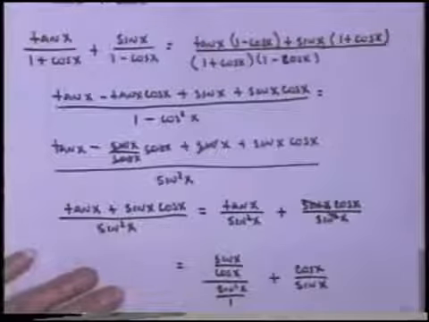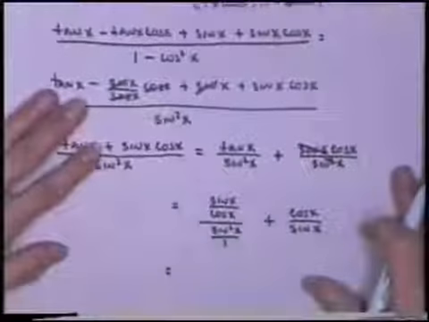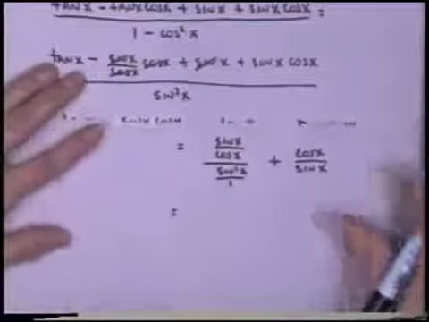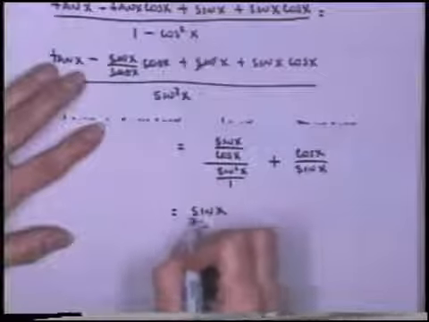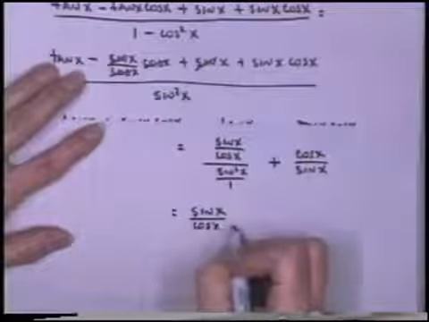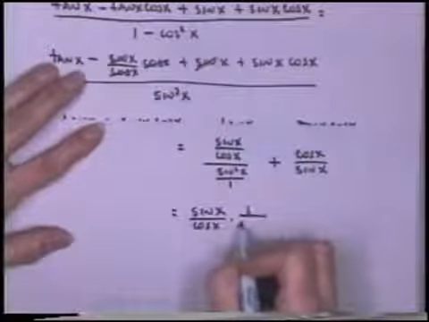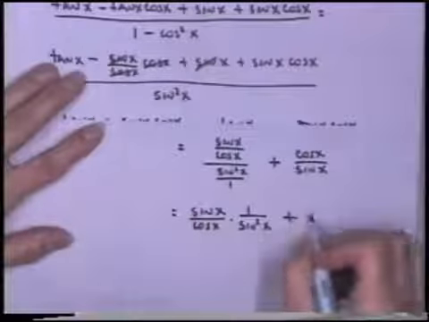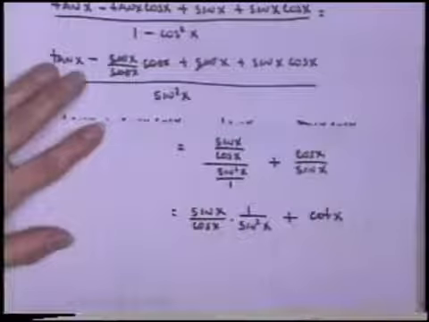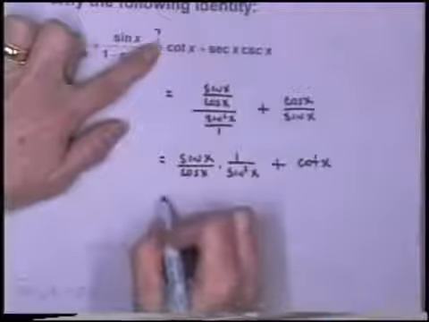I'll rewrite that here in just a second. Okay? Now, here we can flip and multiply, can't we? Sine x over cosine x times 1 over sine squared x plus, I'm going to go ahead and write that as cotangent x.